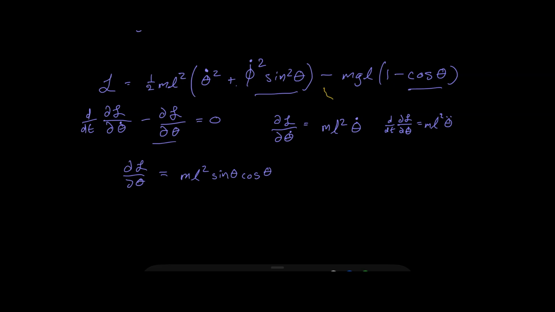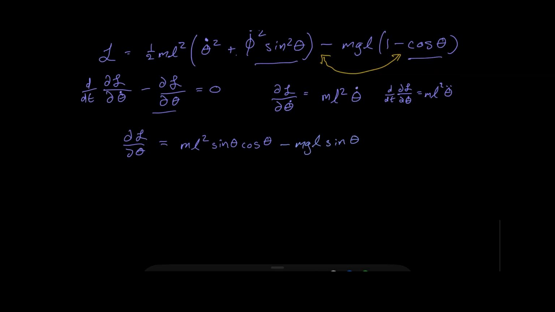So just to highlight that: minus, minus, but the derivative of cosine is minus sine again. So we get minus mgl sine theta, and I believe that's it.